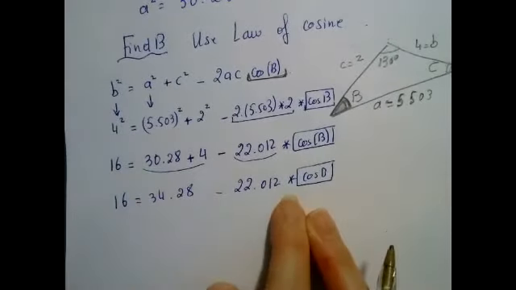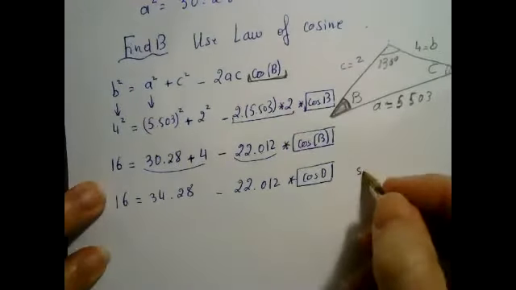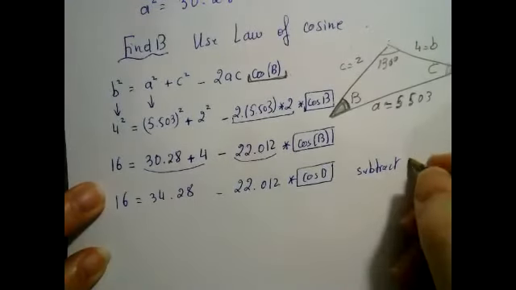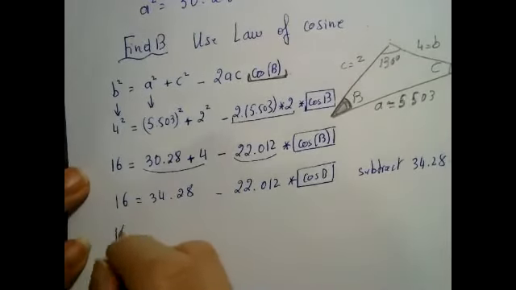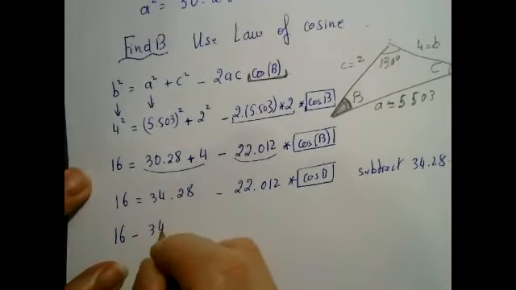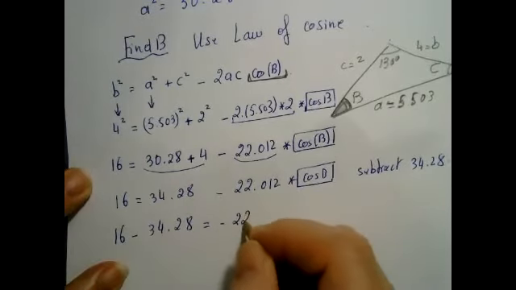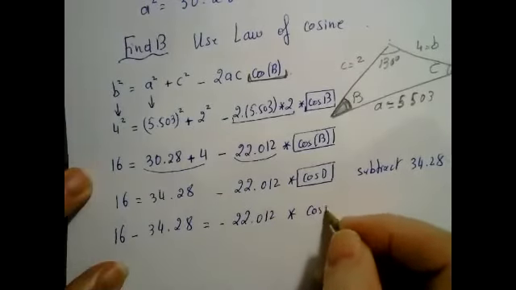Now, how to isolate the cosine? I need to subtract 34.28 from both sides. I will get 16 minus 34.28 equal minus 22.012 times the cosine of B.